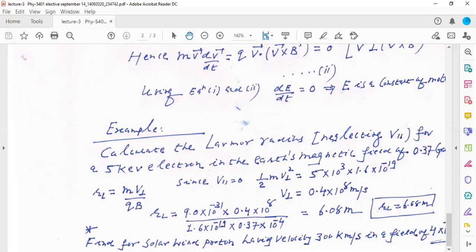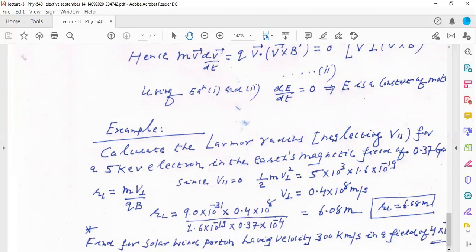Take the velocity of the particle as 300 kilometer per second, and find out the Larmor radius of a solar wind proton in the region where the magnetic field is 0.37 Gauss. I think this is a very simple problem. You can do this problem, and herewith we have completed the motion of a charged particle in a uniform magnetic field.